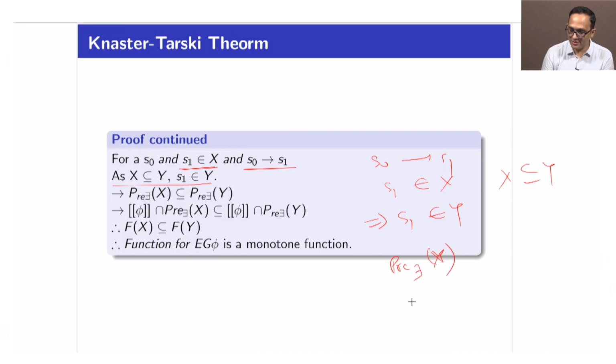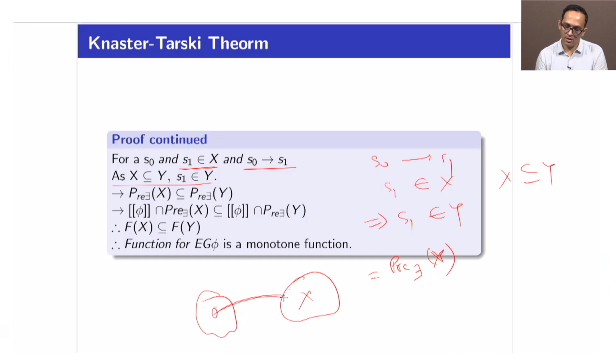It is the set of all states for which at least one transition goes to a state in x. So I can easily say that pre-exists of x should be a subset of pre-exists of y, because whatever goes to x will also be part of pre-exists of y, since it is already inside y.